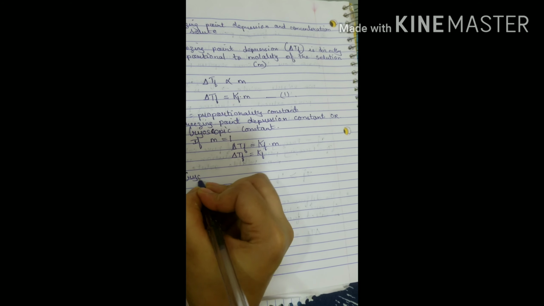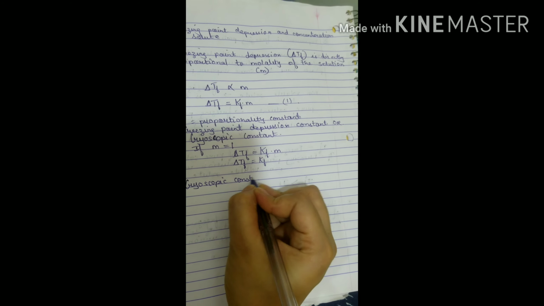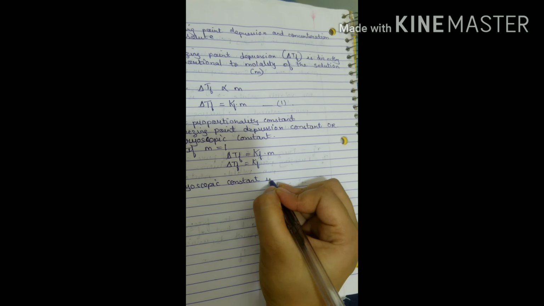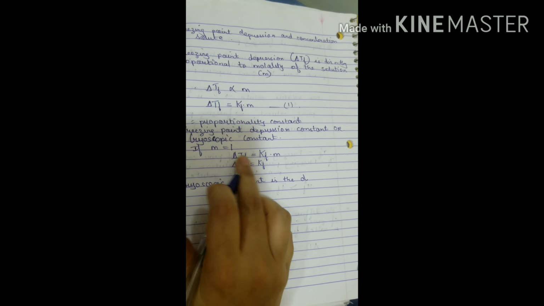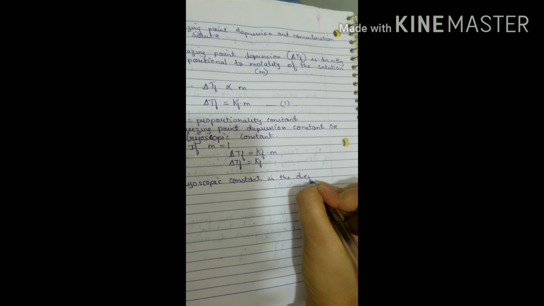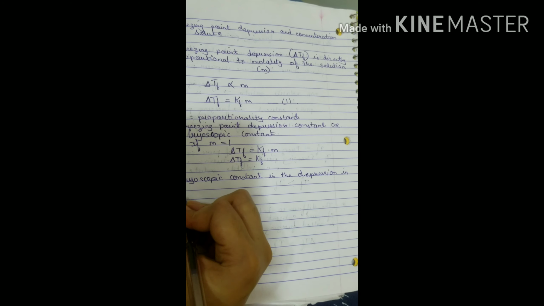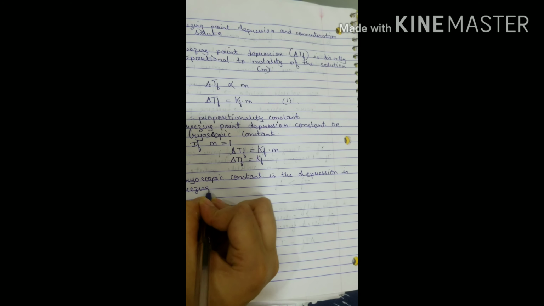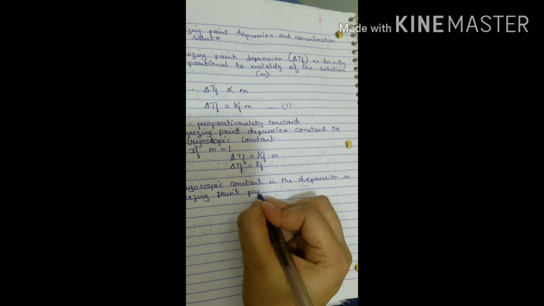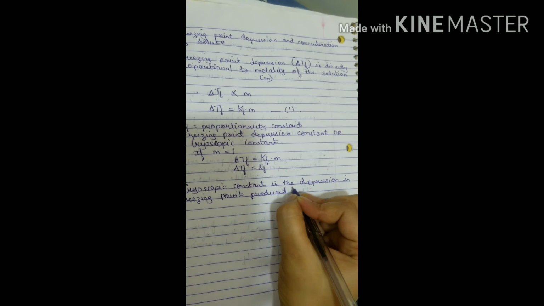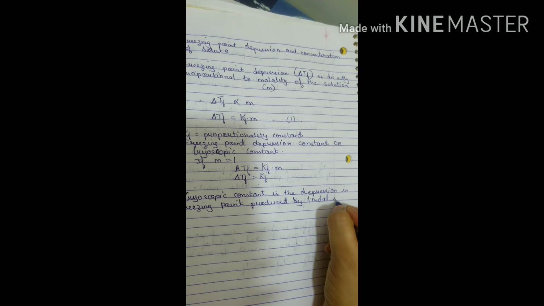So now how can you define this cryoscopic constant? The cryoscopic constant is the depression in freezing point produced by 1 molal solution.